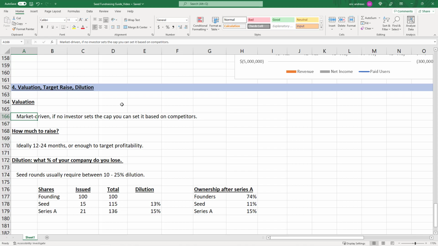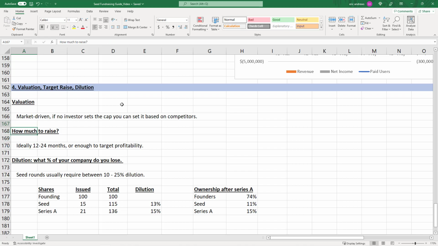If no one investor will set the cap and lead the round, you can set it based on competitors. Do your best to set it. And if it's not a competitive valuation, then investors won't invest. So these are very, very much market-driven numbers.